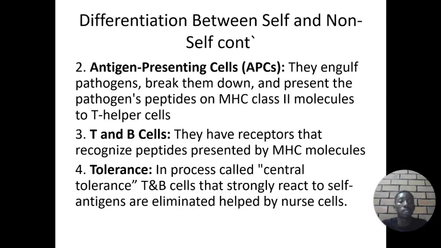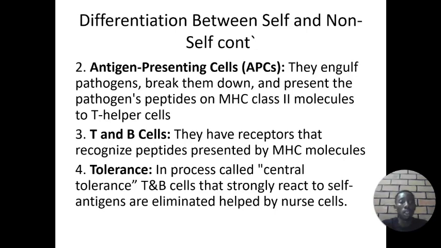They engage pathogens, break them down, and present them on MHC class 2 molecules to T cells, which are trained to differentiate self and non-self. Self is the body tissue, and non-self is invaders or foreigners which attack the body, or cells which are abnormal, tumor cells and others.